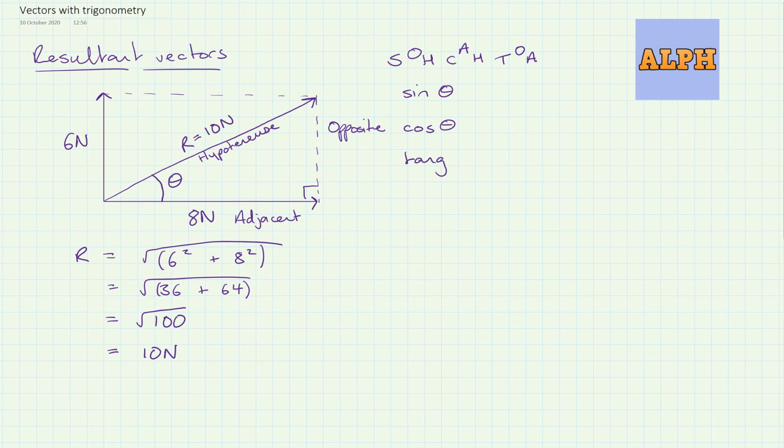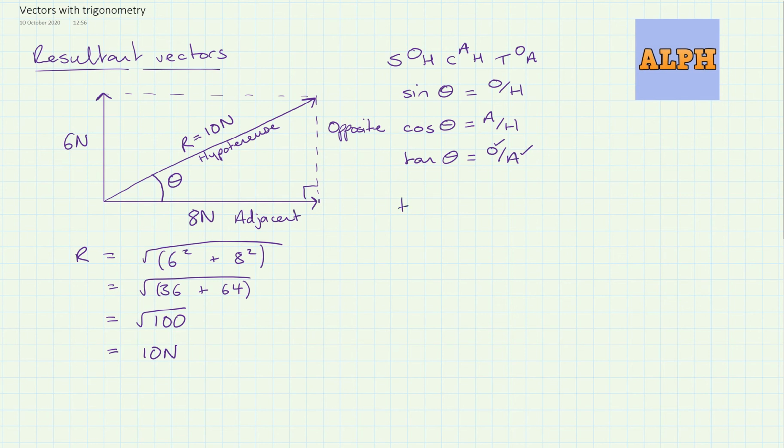I don't want the G. And that equals, just using the first letters, the opposite over the hypotenuse, the adjacent over the hypotenuse, and then the opposite over the adjacent. In this case, we know the adjacent side and the opposite side, so we've got that one and that one. So it makes sense for us to use tan.